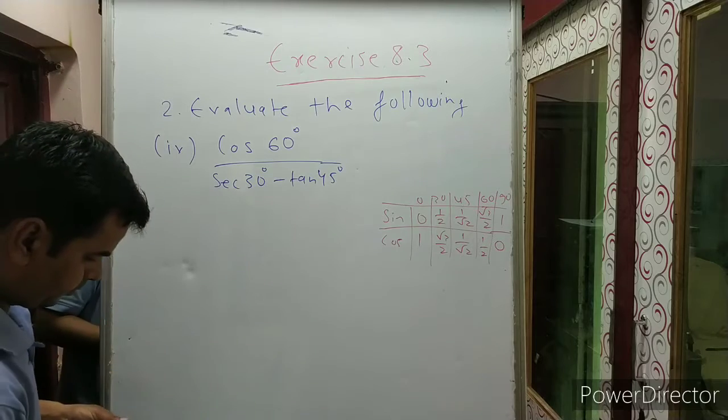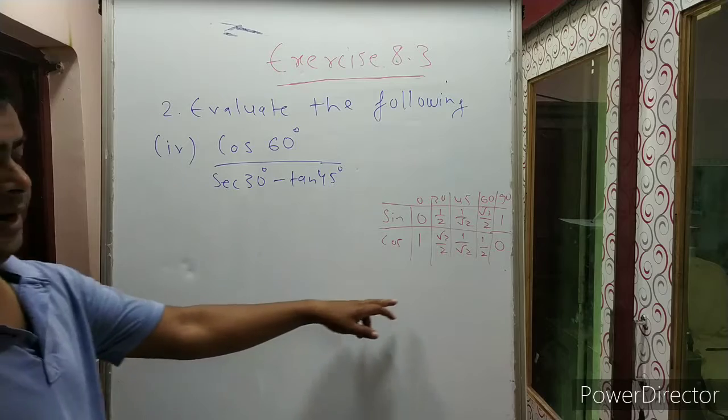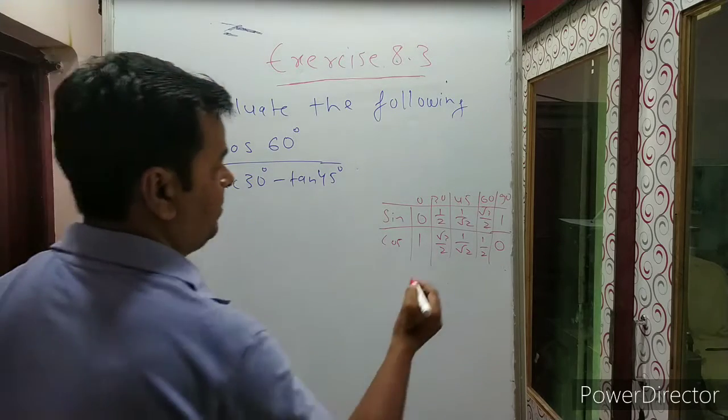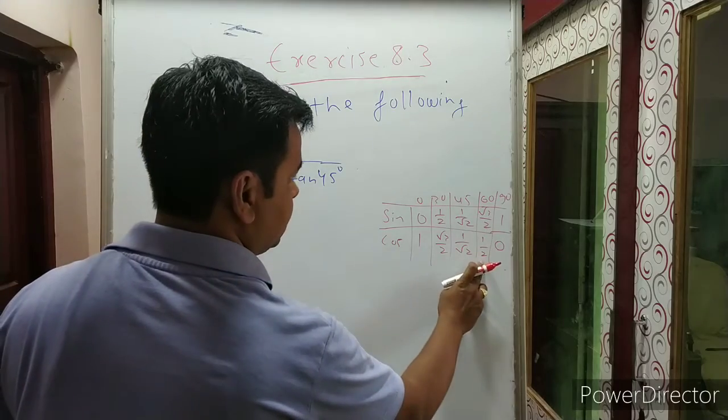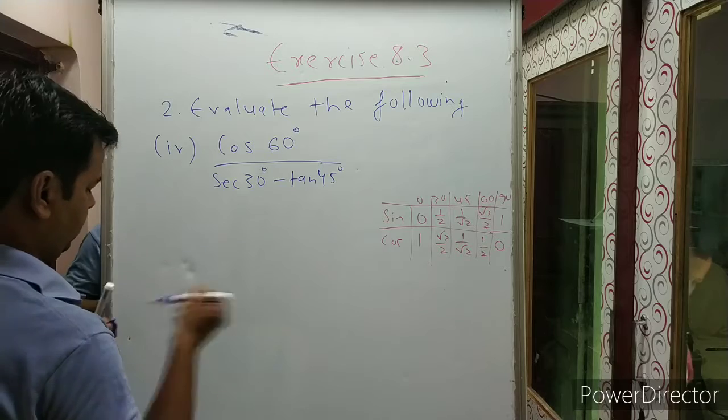Okay. Whatever the values we require, we need to find in this value chart. Okay, that we will do. Cos 60 we know. Cos 60 is 1 upon 2. So we'll write 1 upon 2 here.